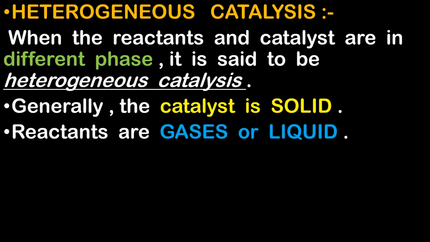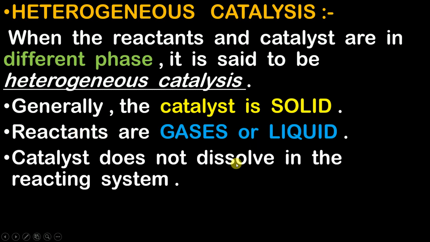Now you need to keep one thing in mind: as the catalyst is present in solid phase and the reactants might be present in the liquid phase, the catalyst does not dissolve in the reacting system. The catalyst is not going to get dissolved in the reactants when you add it to them. Although the reactants are in the liquid phase and the catalyst is in the solid state, the catalyst is not going to dissolve.